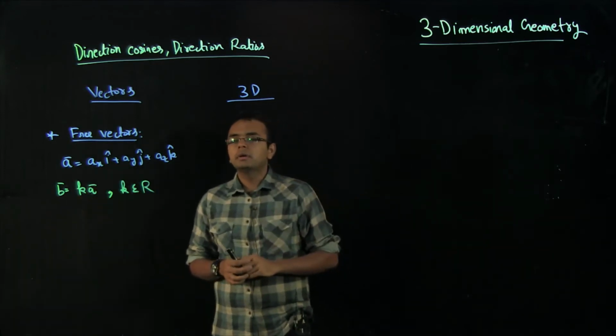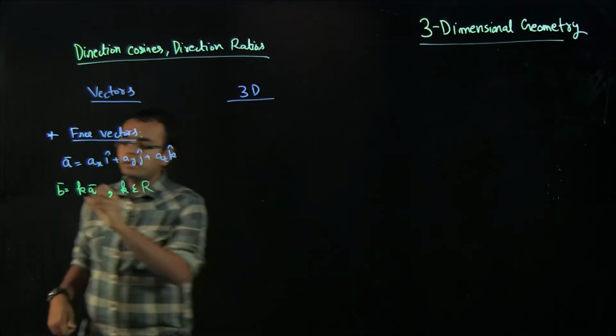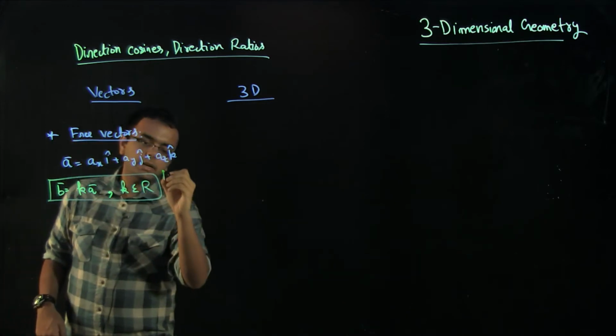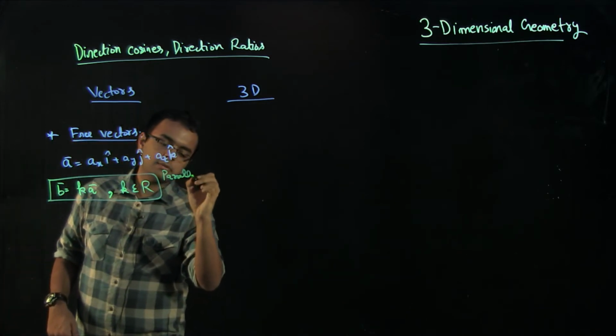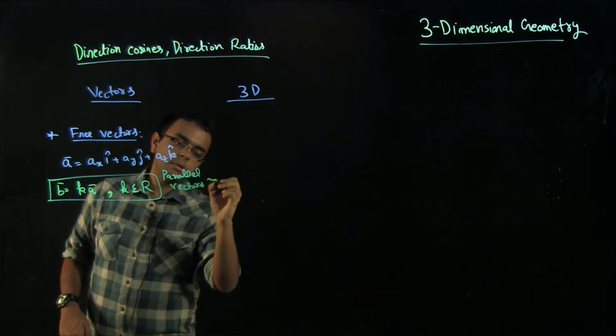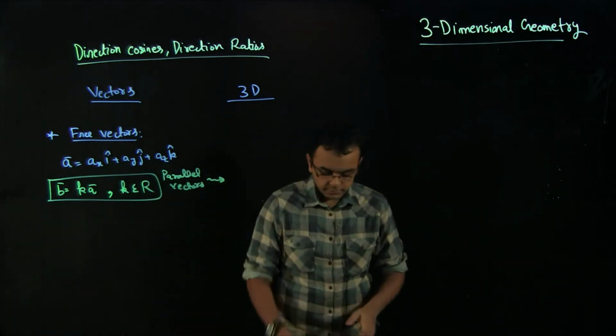Okay. Now in 3D, whenever we have direction, these are parallel vectors. Let me write it here, parallel vectors. So this is basically nothing but the same as direction ratios.